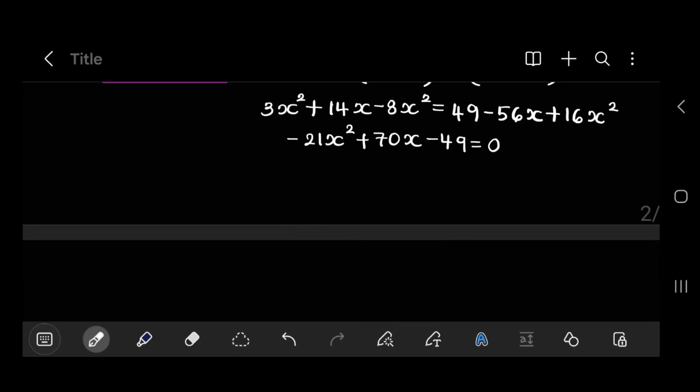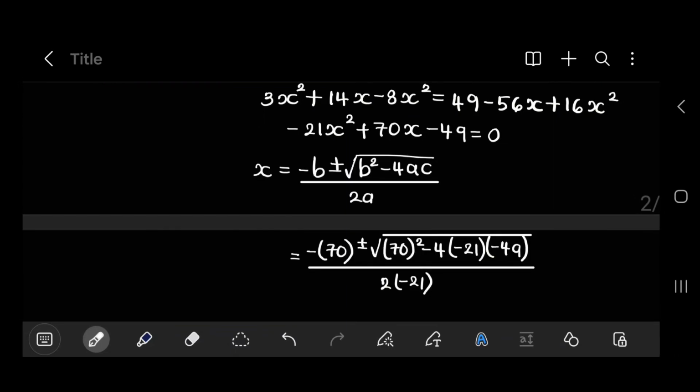So I'm going to go ahead and do that. So here's what we have. The b value is 70, so we've got negative 70 plus or minus the square root of 70 squared minus 4. The a value is negative 21, and the c value is negative 49, and then the denominator is 2 times negative 21.